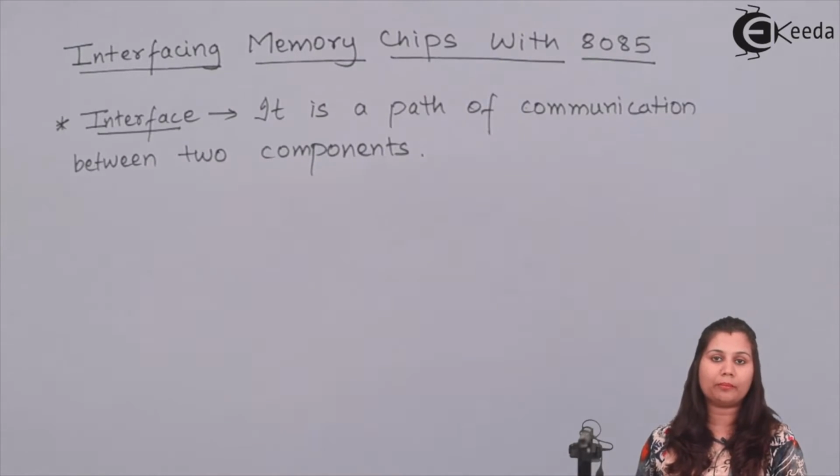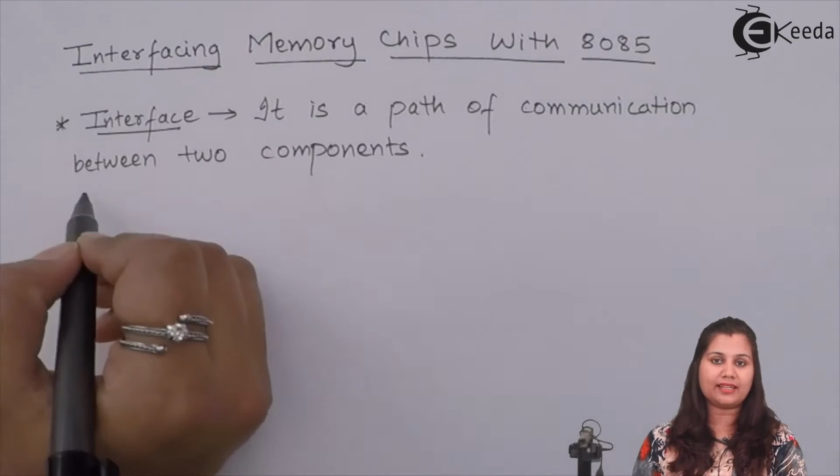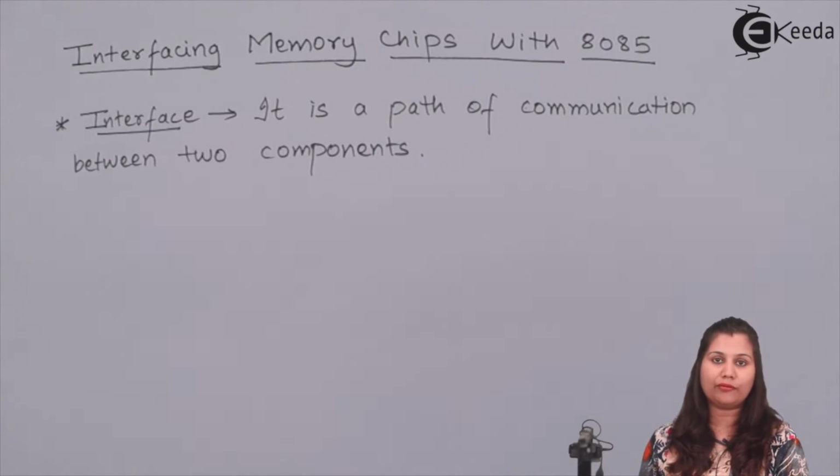So whenever two components want to communicate with each other, the path which provides the communication is called the interface. So interfacing is a technique for communication between the microprocessor and the memory chip.